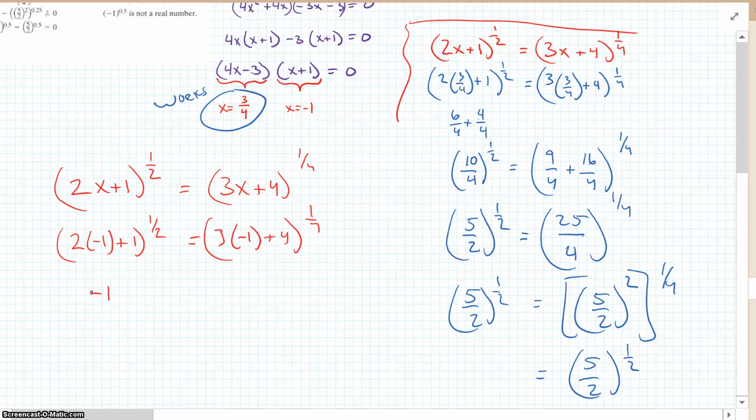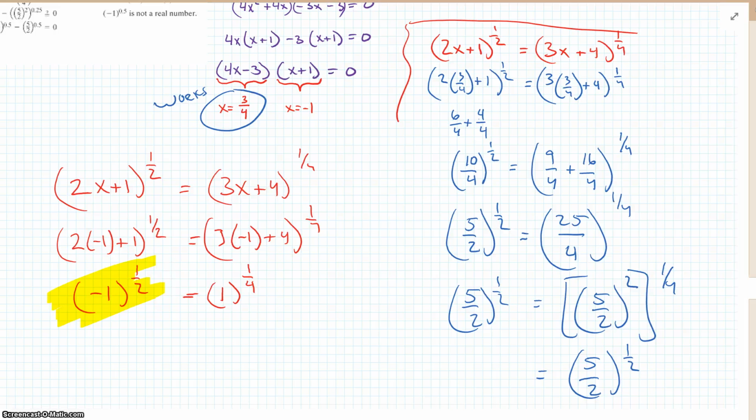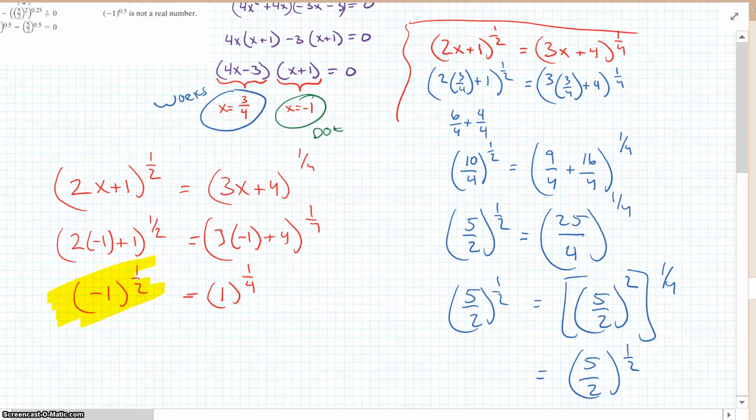So I'm going to get negative 1 to the 1/2 power equals 1 to the 1/4 power. Everything looks good, but that's basically the square root of negative 1, and that cannot happen. So that answer does not work. So negative 1 does not work. So the answer to the equation is just 3 over 4.